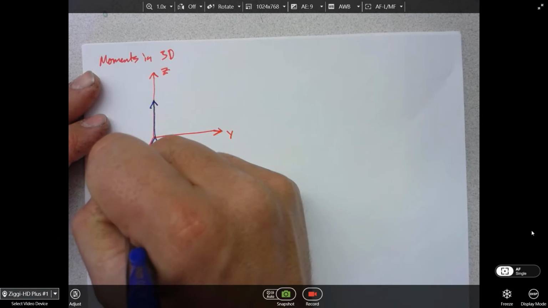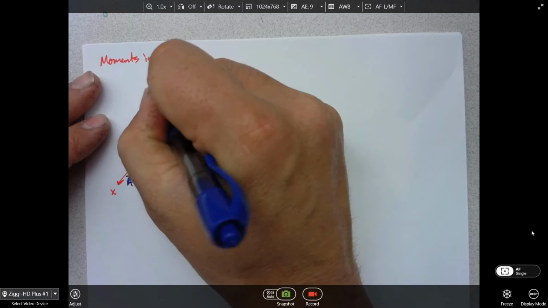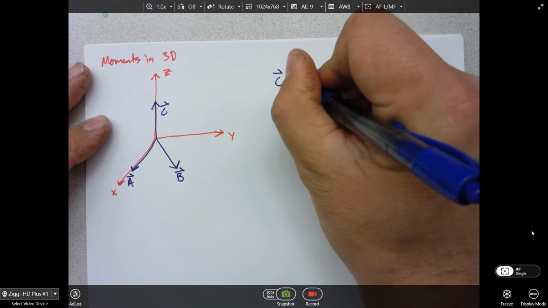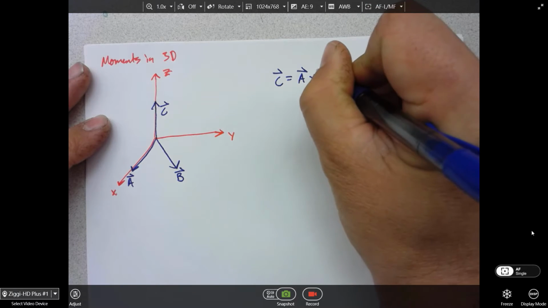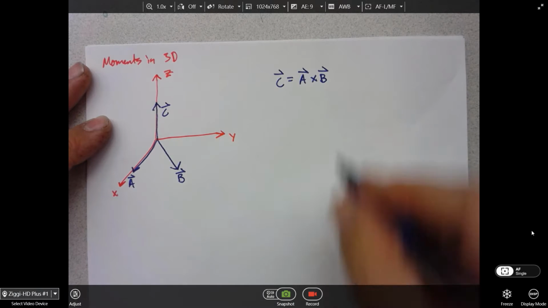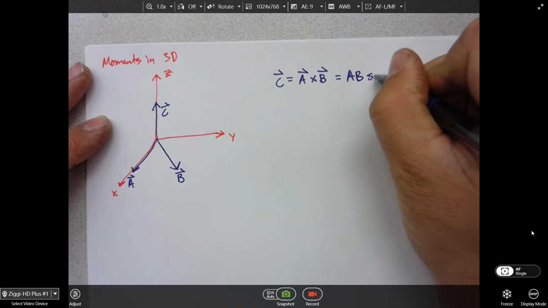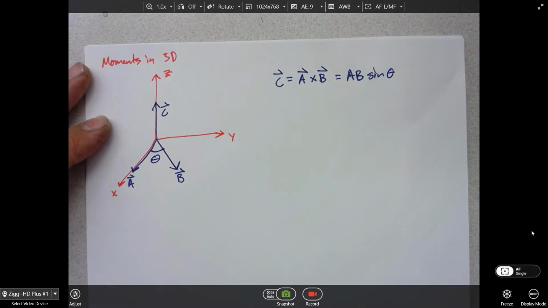If this is vector A, and this is vector B, and this is vector C, then we could define C as A cross B, which is equal to AB sine theta, where theta is the angle between them.